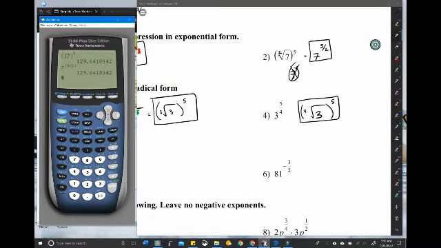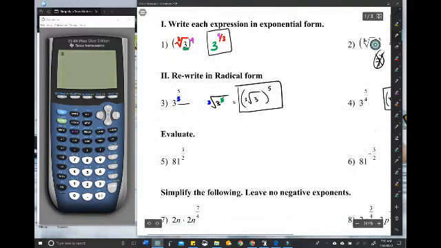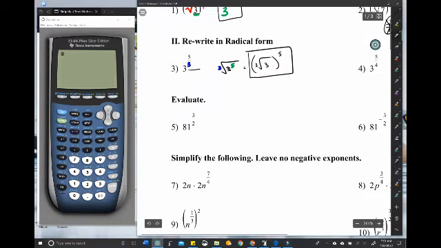You can use your calculator to check some of those. Evaluate, that's another thing your calc can do. You should have the TI-84 app from self-service. You can also download it at the website at texasinstruments.com. Texas Instruments. Texas. Why Texas?